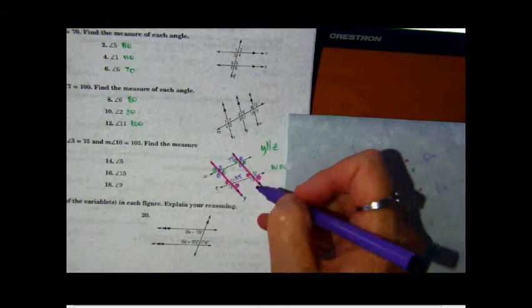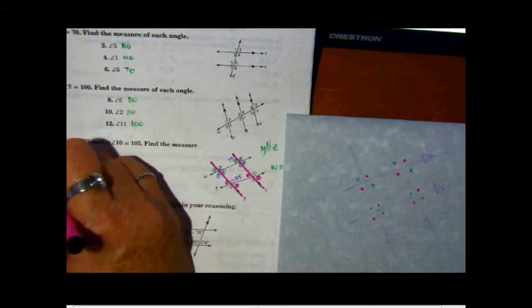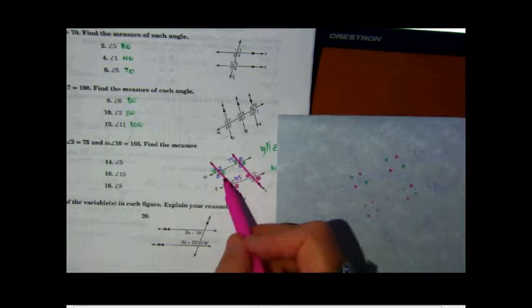Angle 14 and angle 10 are going to add up, so that will be 75 in this set. Angle 5 is purple, so it's the same as angle 2. Angle 15 is white, so it's the same as angle 10. And then angle 9 is pink, so it's the same as 14.